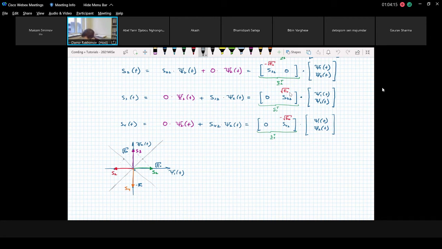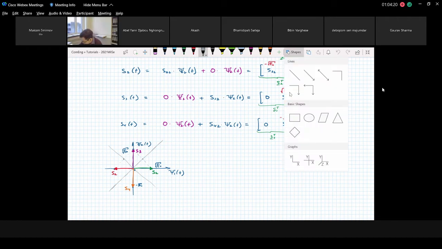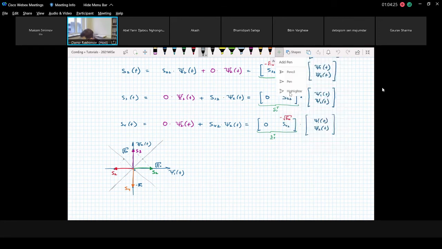Okay, let's try to use yellow. With this yellow, I show the first decision boundary that we made.